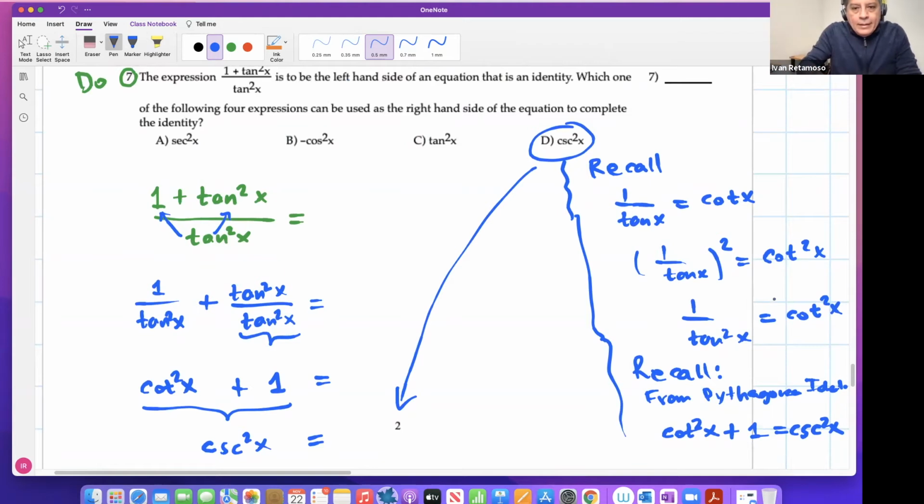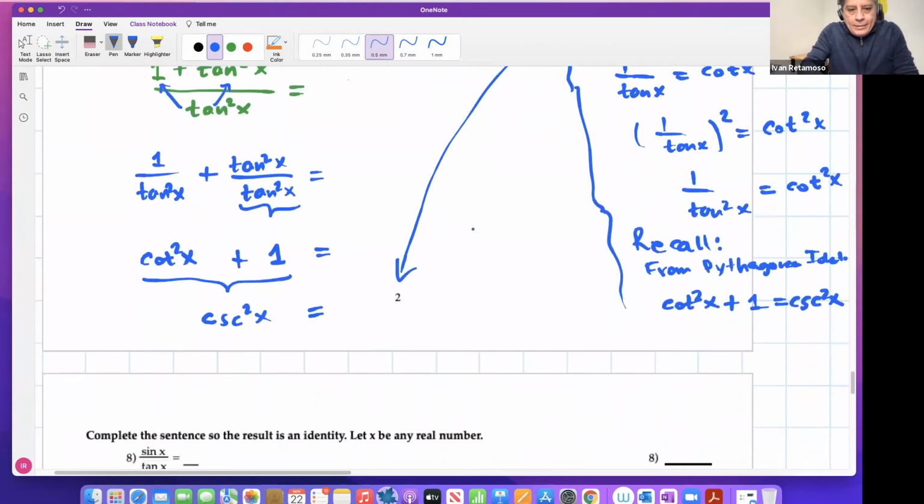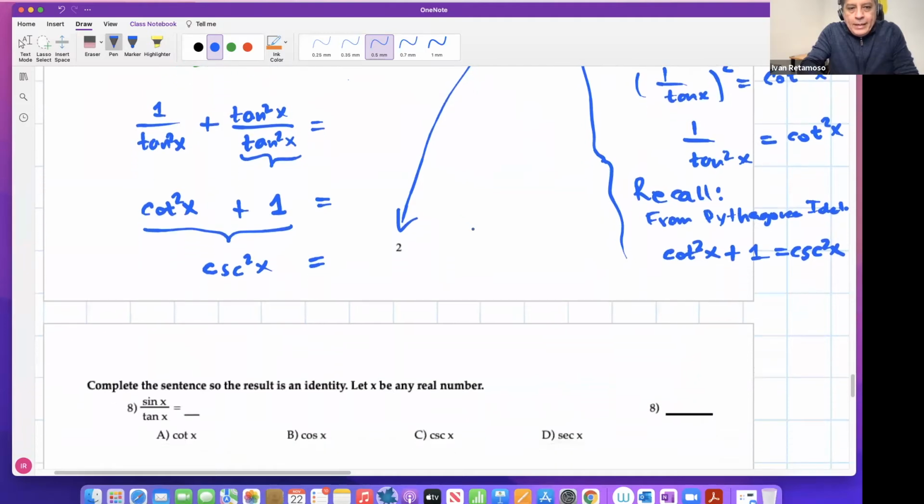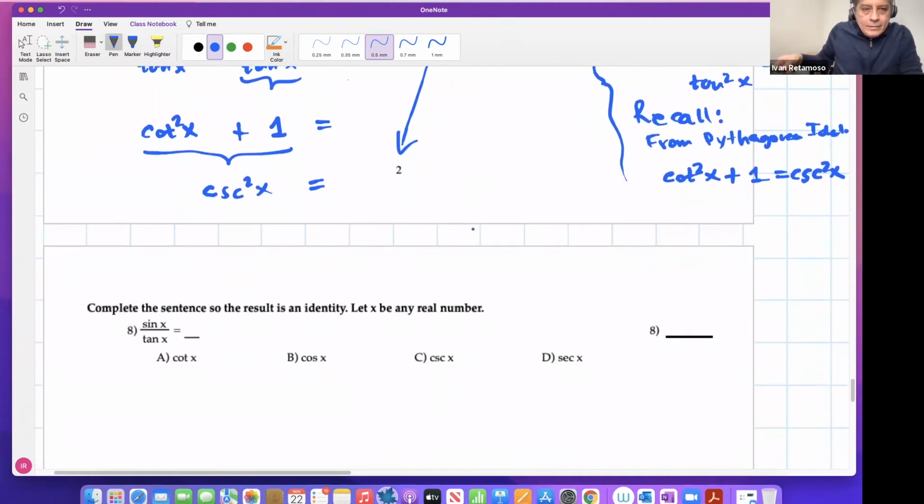Very good. All right, next, try to do another one here. Yeah, number 8. Can you try number 8? Looks good. Can you simplify that so that it completes an identity? And again, use the well-known identities, the reciprocal identities, the quotient identities, and the Pythagorean identities, to do this work.